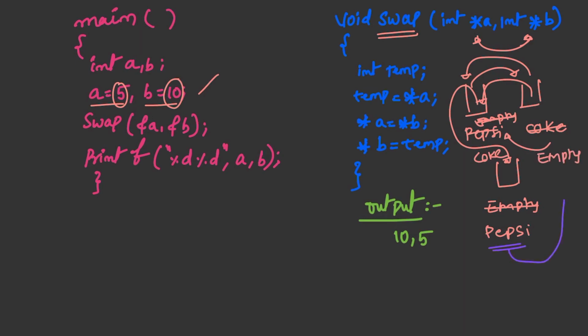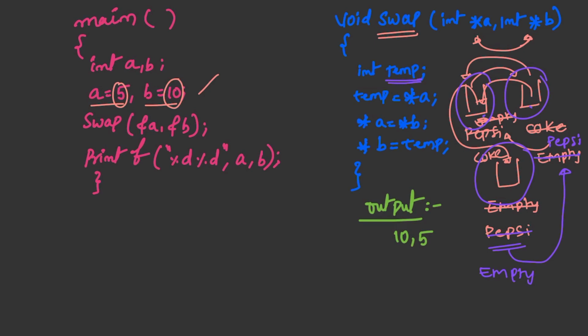Now the Pepsi can be transferred to this empty container, and it becomes Pepsi and the third becomes empty. If we just see, we have interchanged the first and the second container with the help of a third container. This is swapping. Swapping is generally the interchanging of two values, and in the same way that we exchanged the liquids, we exchange two variables with the help of a temporary variable.